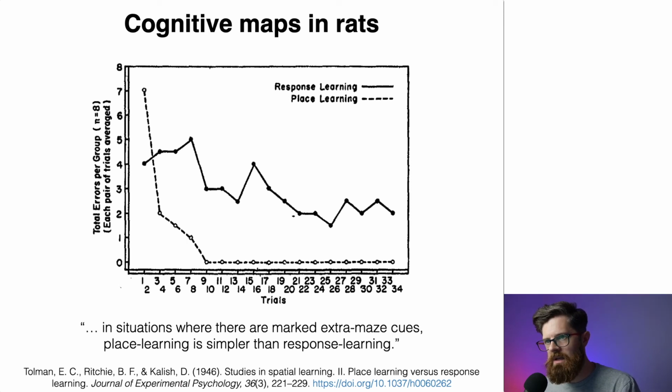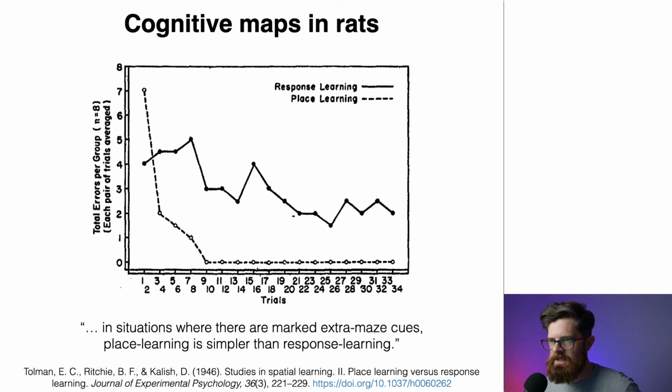Let's have a look at the response learning group, this solid line. What we can see is that we have a relatively high rate of errors here, and over time the errors kind of remain quite high actually. Even after 30 trials, the total number of errors is about 2 to 3.